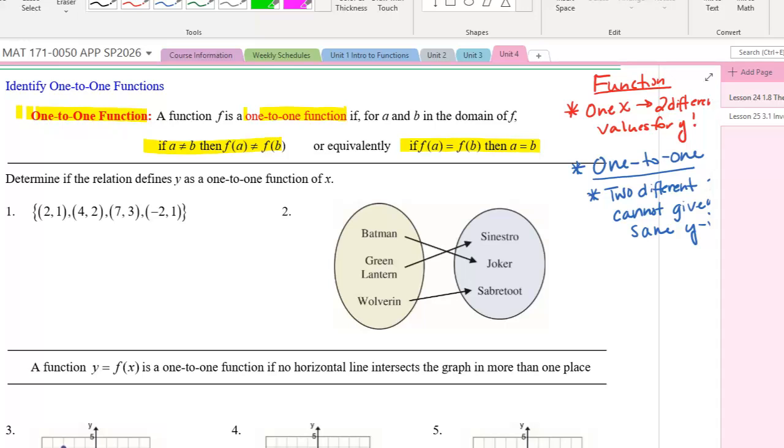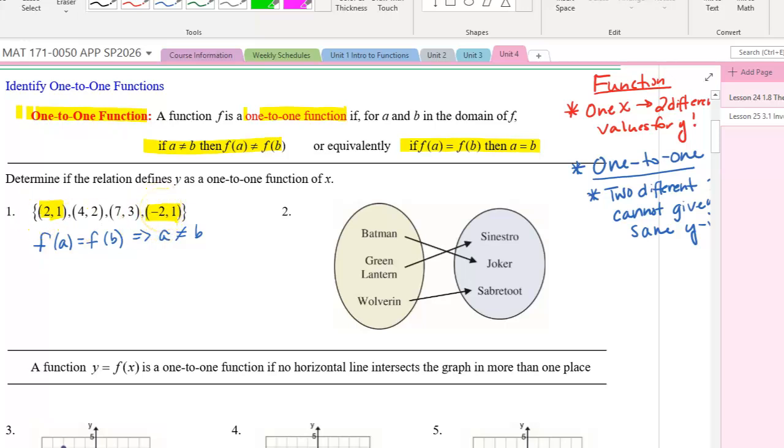And if you notice here, we have -2 that gives you 1, and we have 2 that gives you 1. So if we use this definition, we can say that f of a is equal to f of b. However, a does not equal b. So 2 does not equal -2.